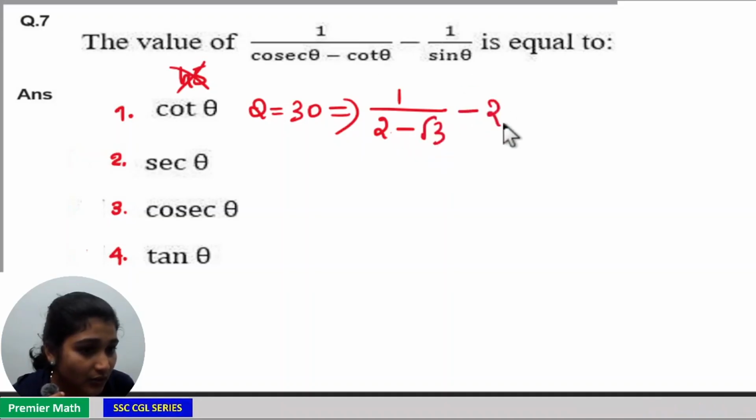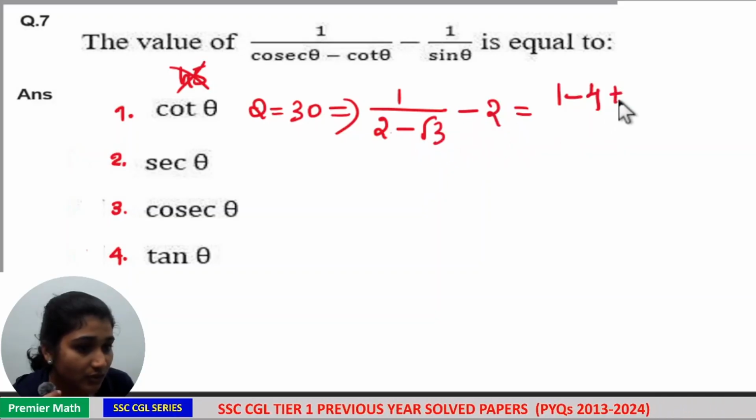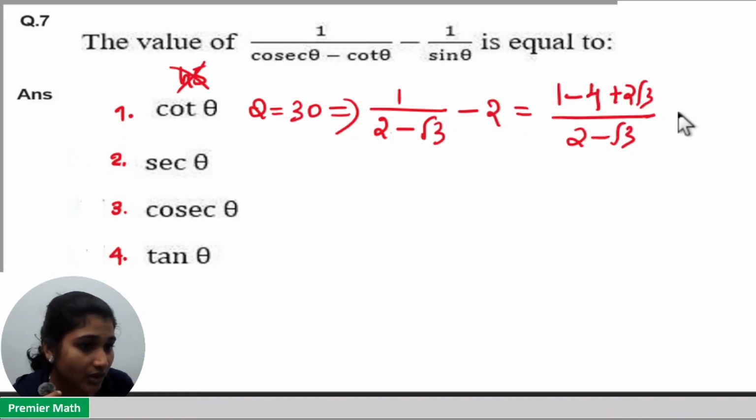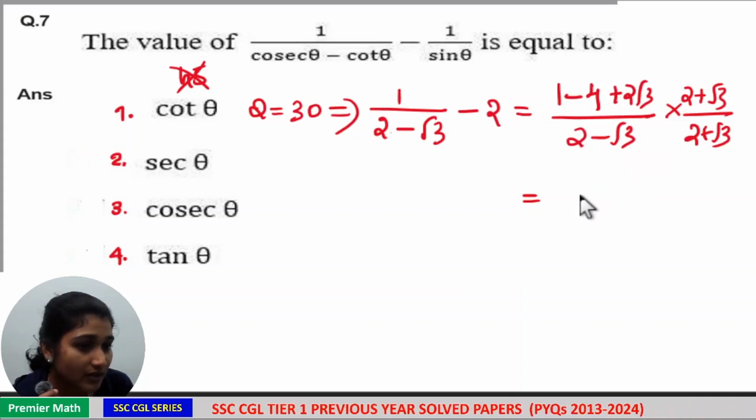Now find the answer. 1 minus 2 into 2 is equal to minus 4. Minus 2 into minus root 3 is equal to plus 2 root 3, divided by 2 minus root 3. Now if you multiply it with 2 plus root 3 and divide by 2 plus root 3, then denominator becomes 1. That is 2 square minus root 3 square is equal to 4 minus 3, 1.